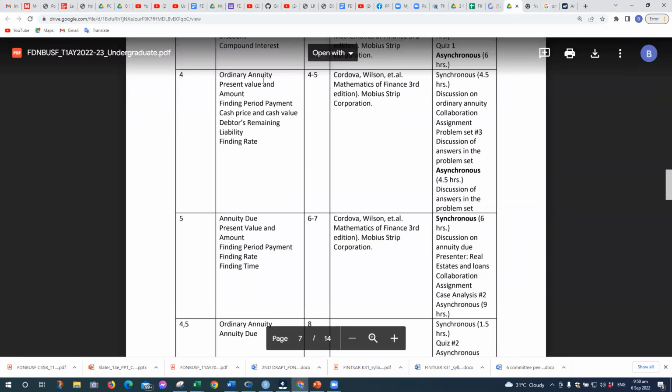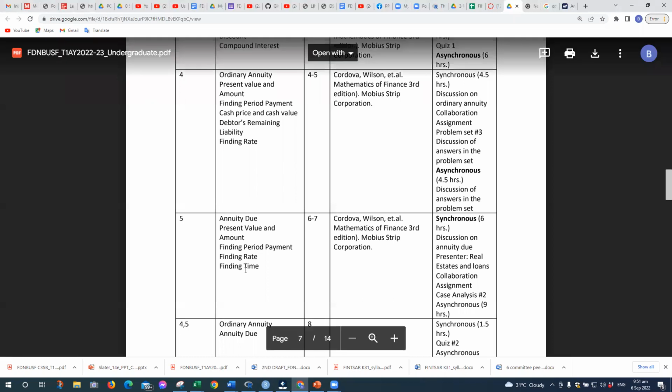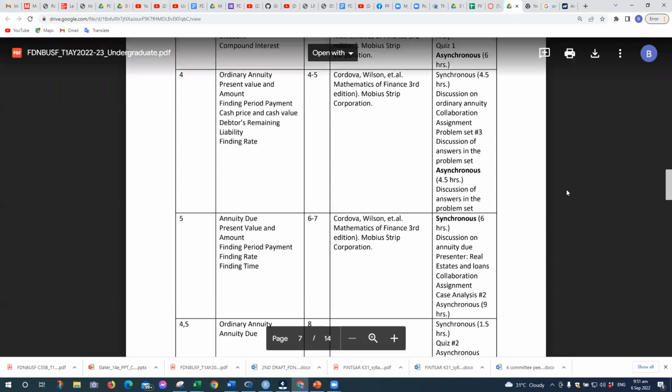So ordinary annuity, annuity due, we're going to compute for the present values, the annuity value, the rate and the time. These are things that we can easily compute using a formula, but easier using Excel. And then of course, we'll be adding perpetuities here also.